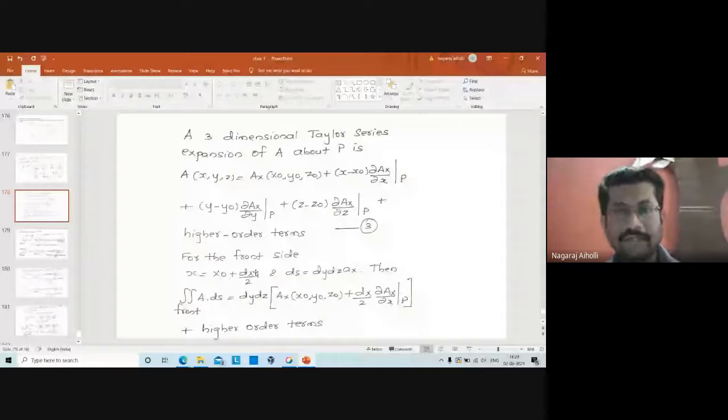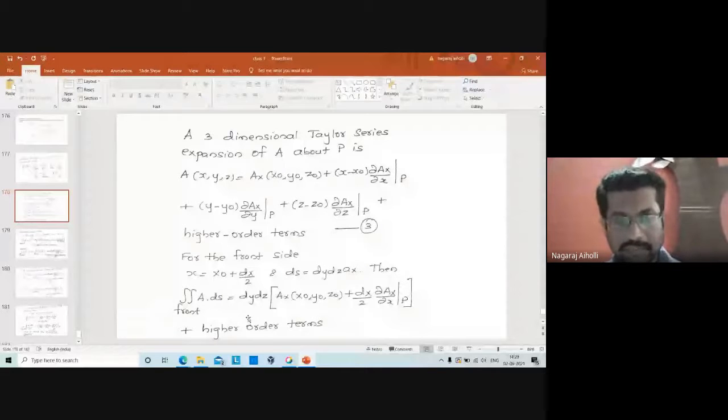Yes or no? If I take x naught to the LHS, it will be minus x naught. X minus x naught is equal to dx by 2. Am I right? Therefore, here I am writing dx by 2 instead of x minus x naught, times dou Ax by dou x at the point P, plus higher order terms. Correct. This is for the front surface.